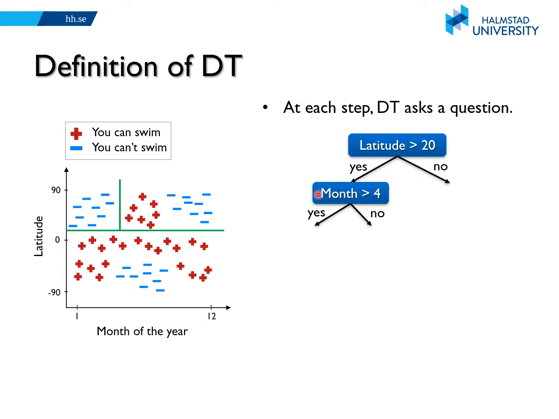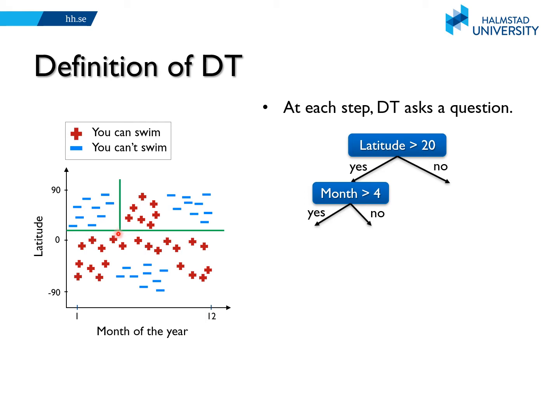Now here we are at another node where we ask another question. So in this case, we are at this upper region where the latitude is larger than 20. And we are asking the question, is the month larger than 4? So we are taking another feature, the month, and a threshold 4.